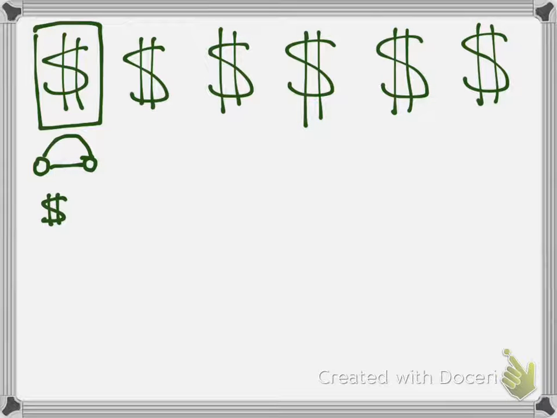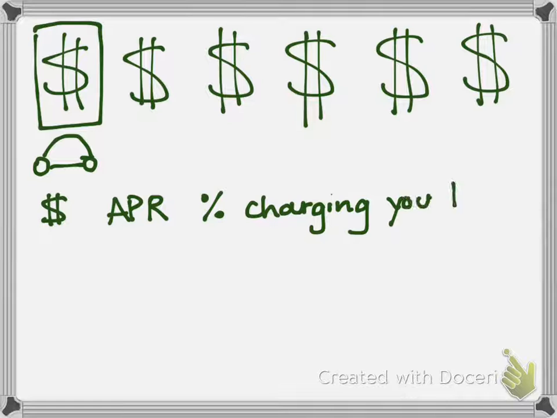And usually they charge you a percentage rate, which they often call an APR. That's the percent of money that they're charging you to borrow money from them. So you have to pay more than the price of the car.